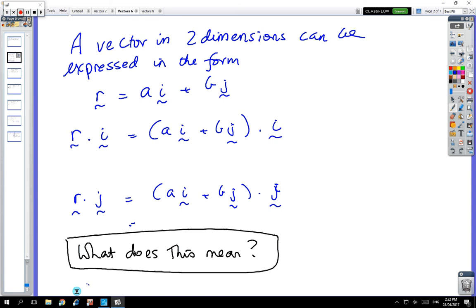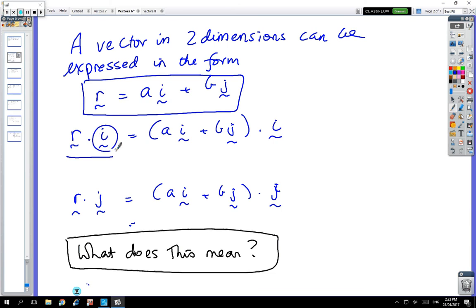So if I've got a vector r equals ai plus bj, and I multiply r by a unit vector i, where i is just a unit vector in the direction of x, I end up with (ai plus bj) times i, and then I'm going to just expand it out.